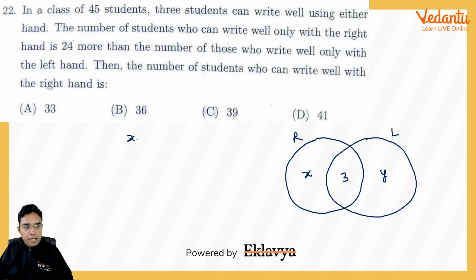So I think they are saying x minus y is 24. So those who can write well only with the right hand is 24 more than the number of students who write well only with the left hand. So we can write y as x minus 24.